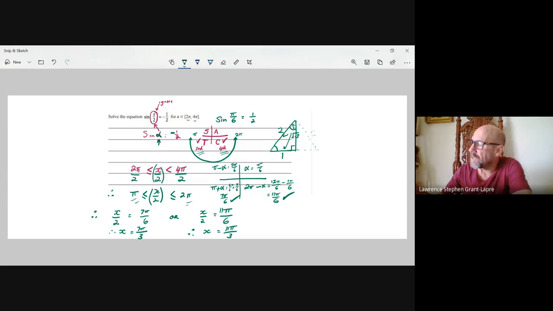Using the fact that the third quadrant angle is pi plus pi over 6, and the fourth quadrant is 2 pi minus pi over 6, that gives us our two angles for x over 2. Finally, we want our x values, and our x values are 7 pi over 3 and 11 pi over 3. When you check that, you will see that they are both between 2 pi and 4 pi as our original condition. So I hope that's helped.